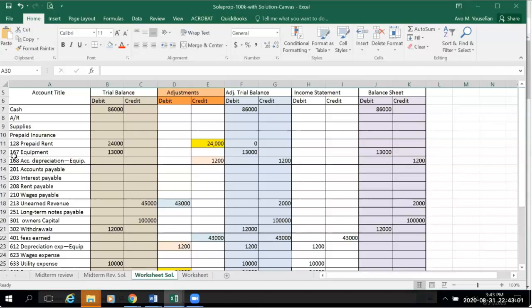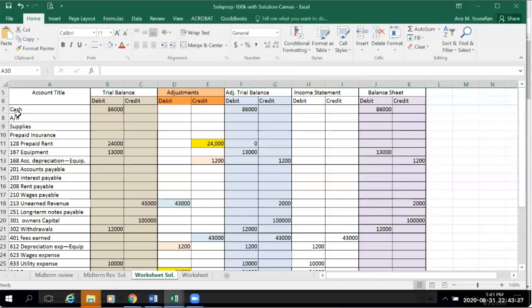Why is 167? Why is not 127, let's say? Because 127 is way up there at the top, where you don't have heavy, non-liquid fixed assets. Fixed assets are less liquid, so they will be at the bottom of the account numbers, okay?